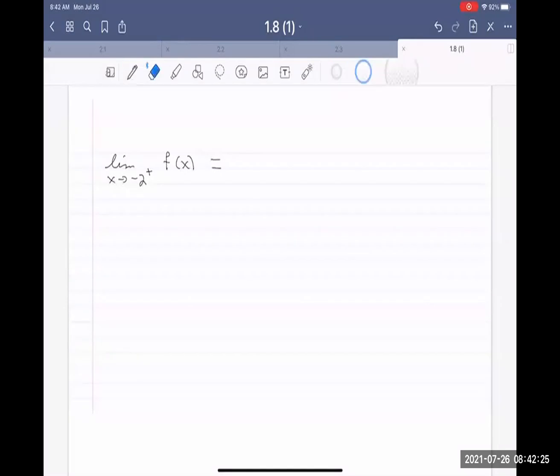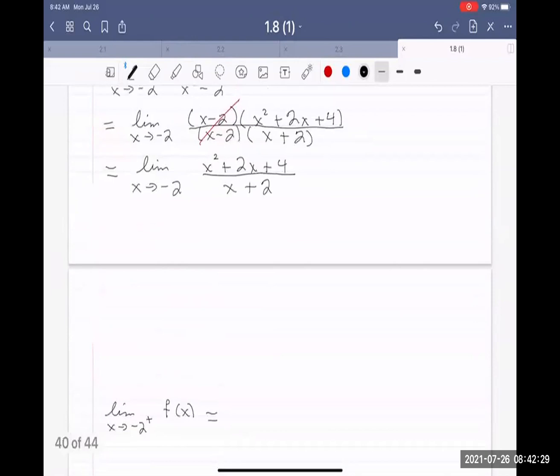As x approaches negative 2 from the positive side, negative 2 squared is 4. 2 times negative 2 is negative 4.